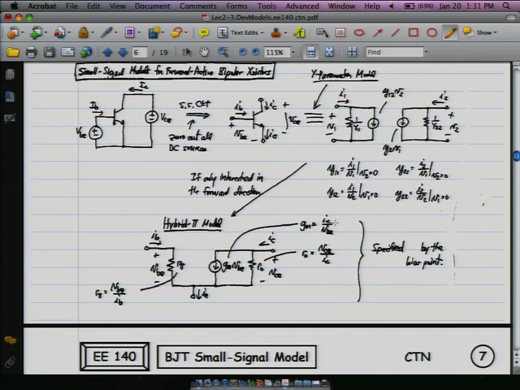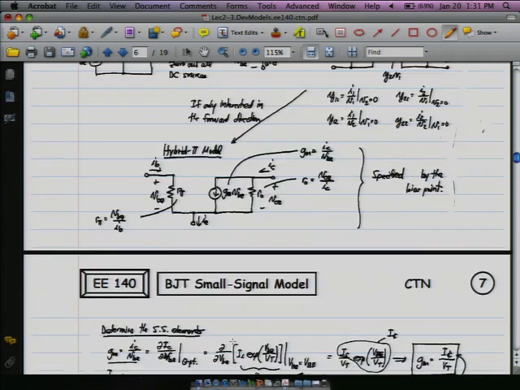The more interesting model that we work with most of the time, and you worked with in 105, is the hybrid pi model. And so this basically just says that we have the bias voltage here, and we have this value r pi, and that we'll start to look at later in gm and on r naught.